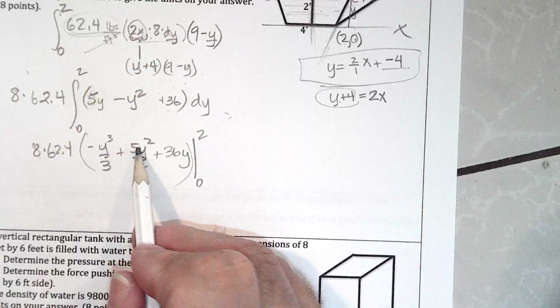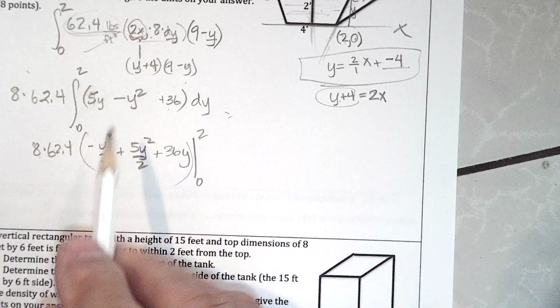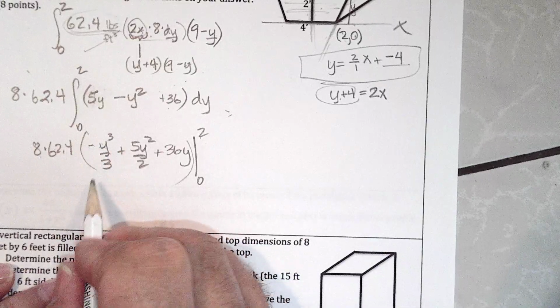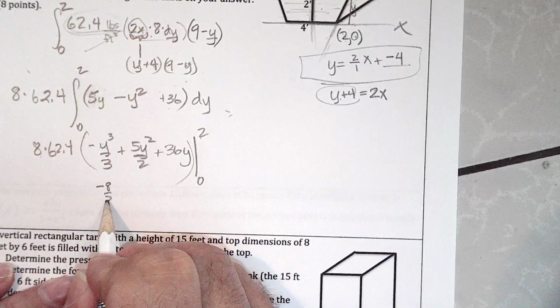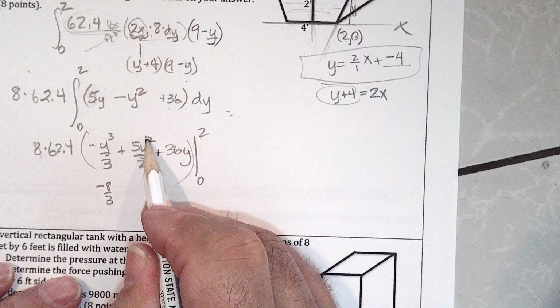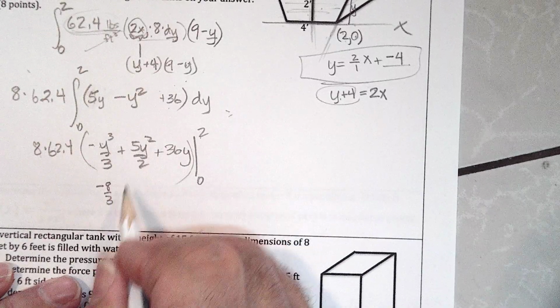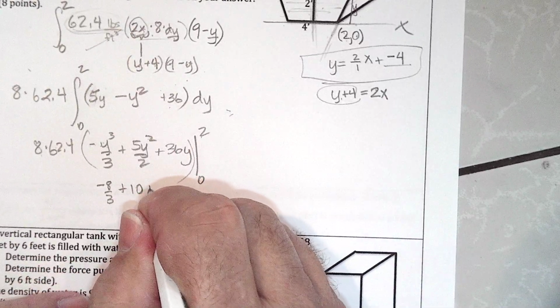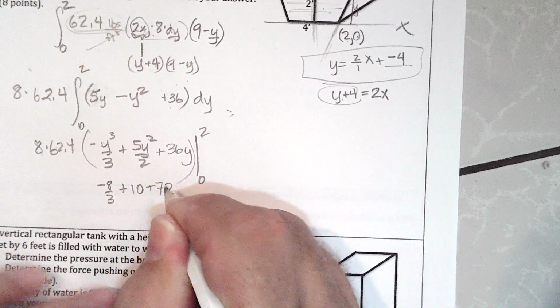You can put 2 in for the y's, and zeros won't produce anything, so we're going to get negative 8 thirds. 2 squared is 4, divided by 2 is 2, times 5 is 10, plus 72.